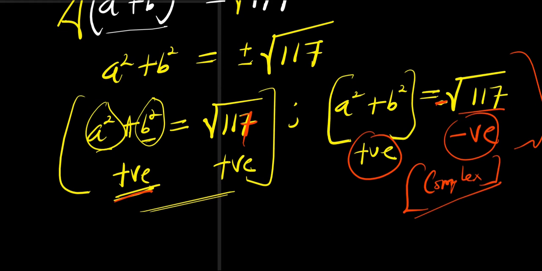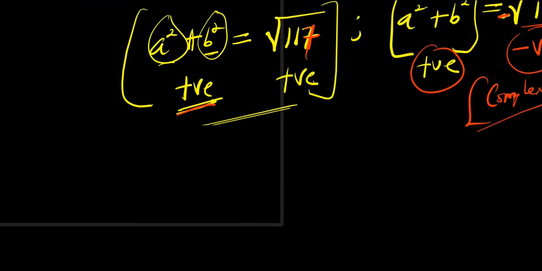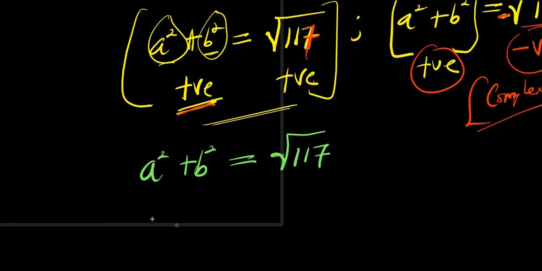So we simply have a squared plus b squared equals square root of 117. I can express it as a product of, this can be 9 times 13.